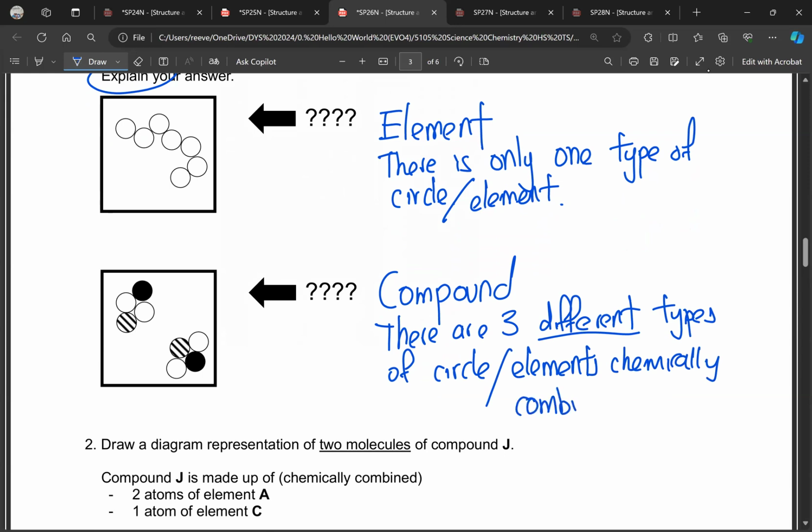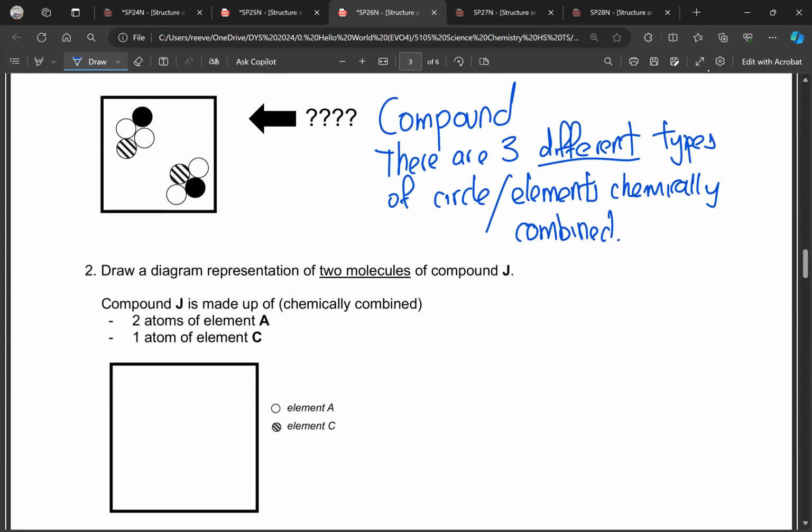Any question? This one is simple, like primary school, just check the pattern only.